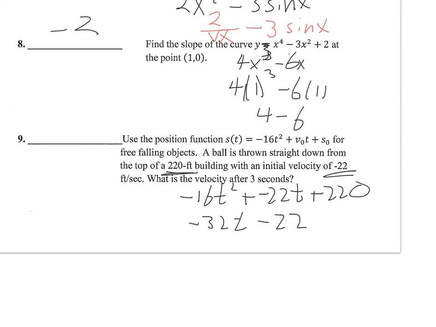And we'll plug in a 3 there. Negative 32 times 3 minus 22, which gives me negative 118. Okay.